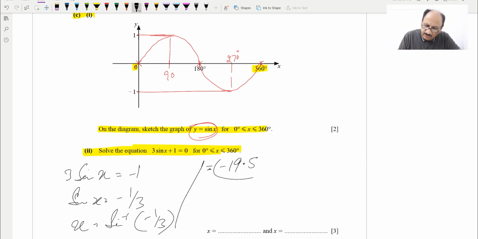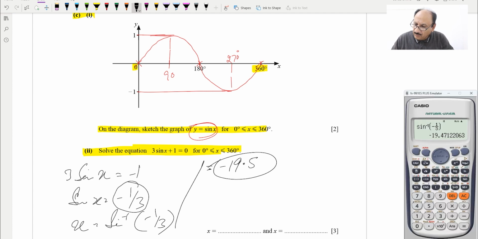Now this is the principal value, which is the first value they have provided us. If we check how we will be getting the solution for that one, -19.5 degrees. If you use the value 1 over 3, that will be easier for you.